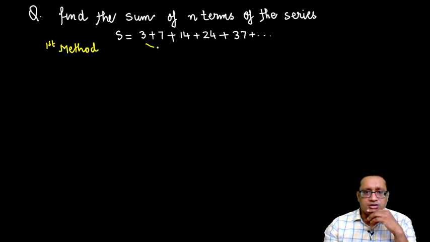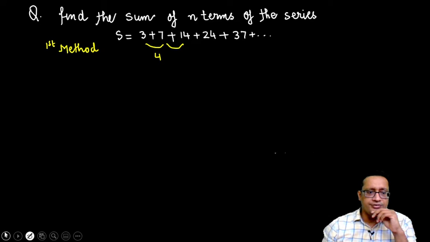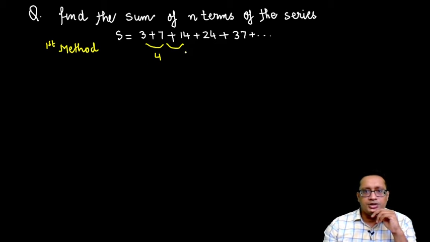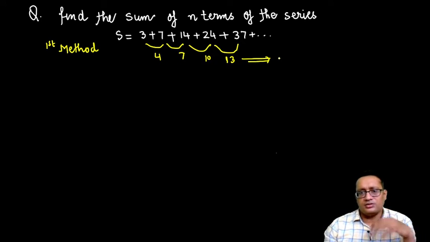First of all, see here: 3 and 7, difference is 4; 7 and 14, difference is 7; 14 and 24, difference is 10; and 24 and 37, difference is 13. Then this sequence of differences forms an AP whose common difference is 3.